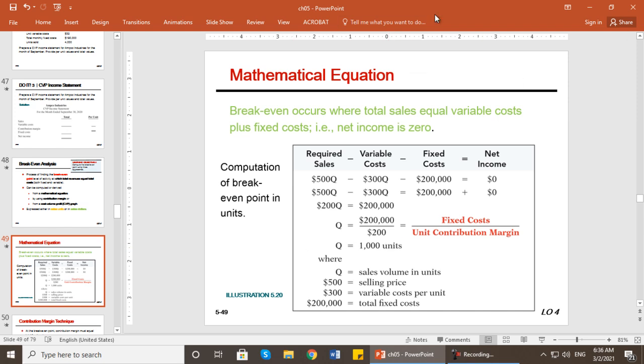So, computation of break-even point in units. Quantity break-even point in units equals fixed cost 200,000 divided by unit contribution margin, which is 500 less 300 equals 200.